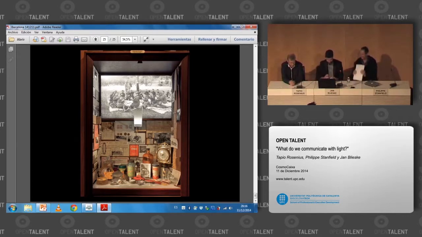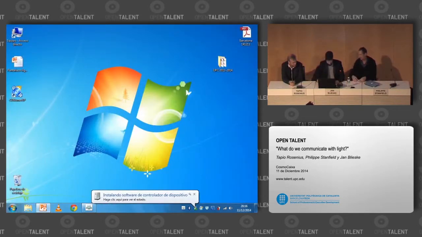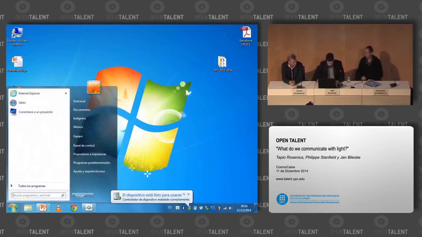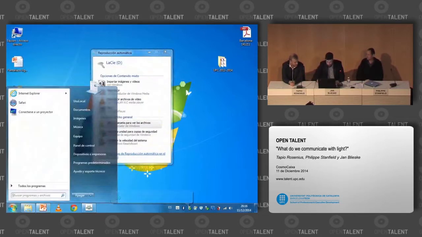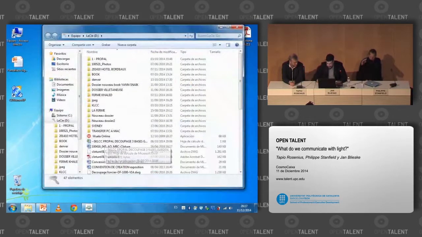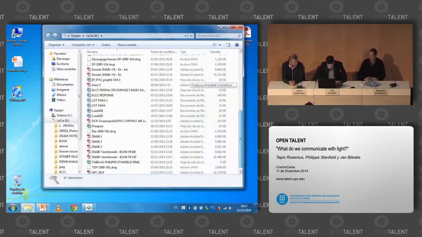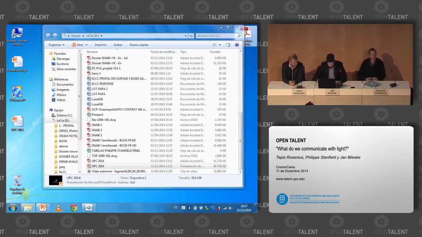Voilà. One second. Ah oui, you can open it. I can open it here. I'm really good with this PC thing. How do I see the UPC? Voilà, there you go. Normally it should be okay.